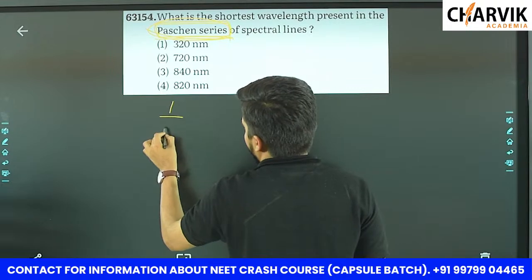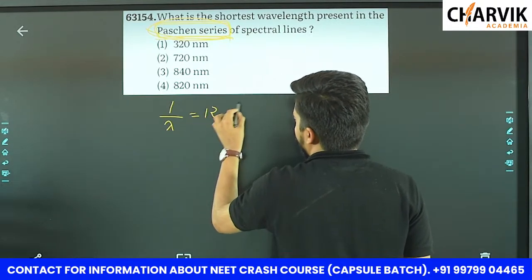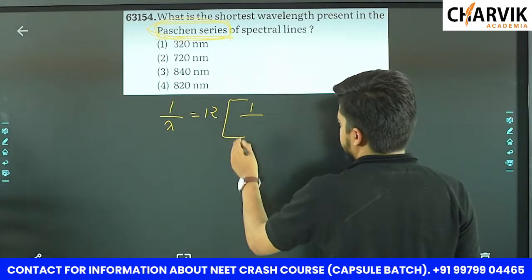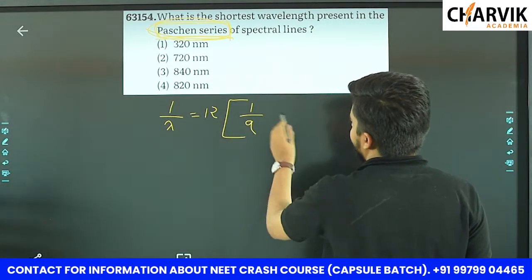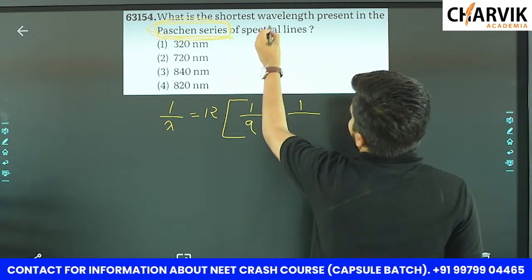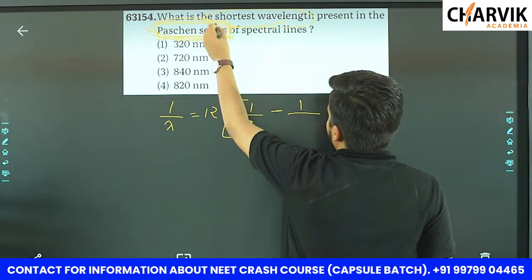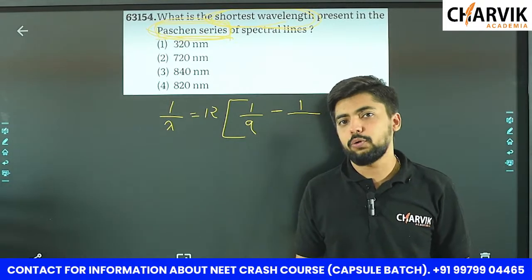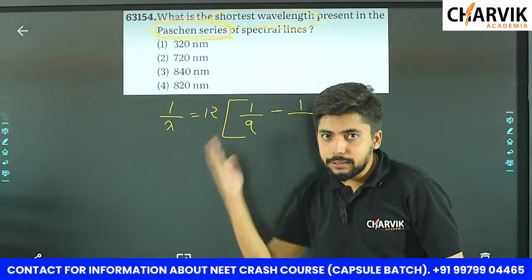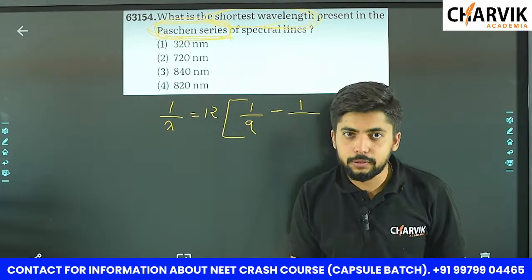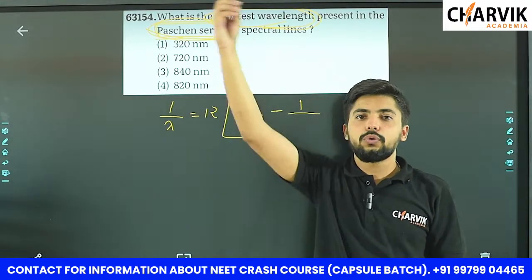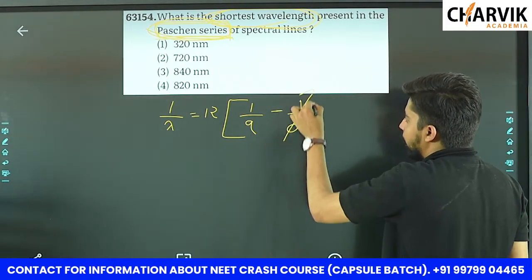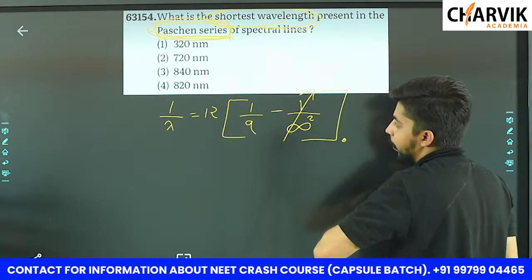So right now we have the formula 1 upon lambda is equal to R into 1 upon, for Lyman, Balmer, Paschen, the square of 3, which is equal to 9, minus 1 upon n squared. Again they are asking the shortest wavelength. Even in the previous question paper they asked for the shortest wavelength. We discussed there also that if you want the shortest wavelength, then you need to go to infinity. So the term with the square of infinity becomes 0.